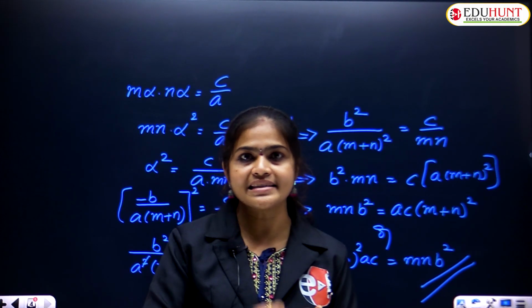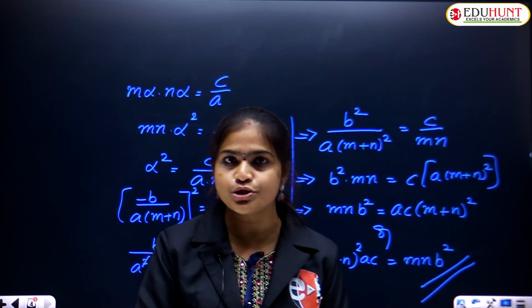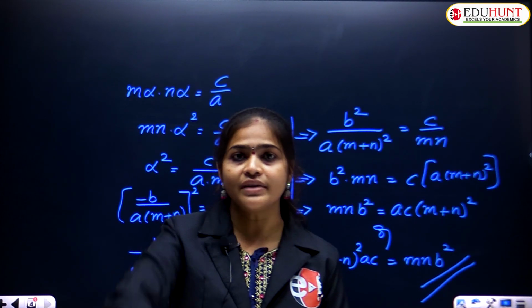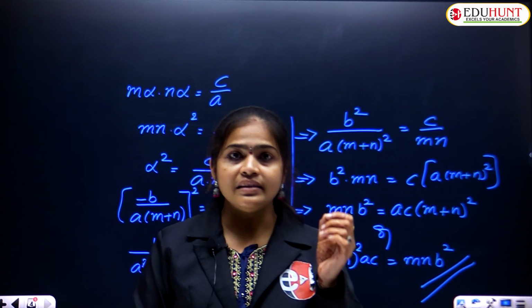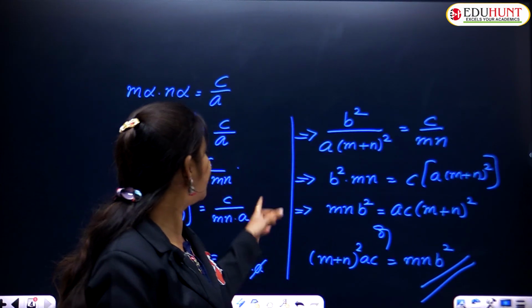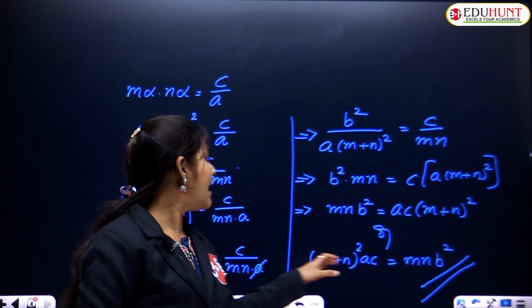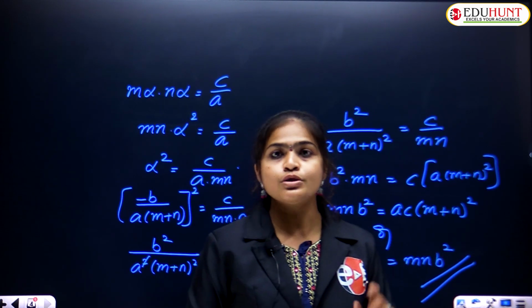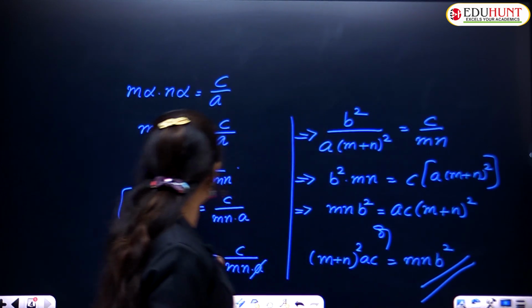Another example, roots in the ratio 1 is to 3: one root is 3 times the other. In these cases we use the condition (m plus n) whole square into ac is equal to mn b square. So I will show you some examples here.